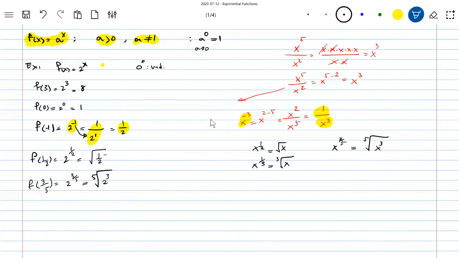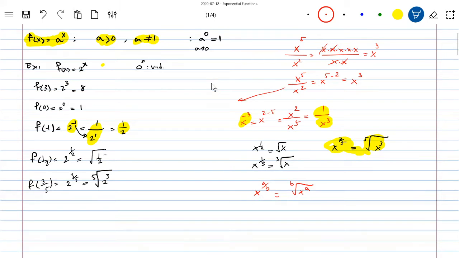It's not a nice number, you'll end up with a decimal value, but the way that you calculate is you can turn it into a fifth root, cube root, whatever the fraction is. So it's important to know these properties. The general form is if you have x to the power a/b, this is the b-th root of x to the power a.